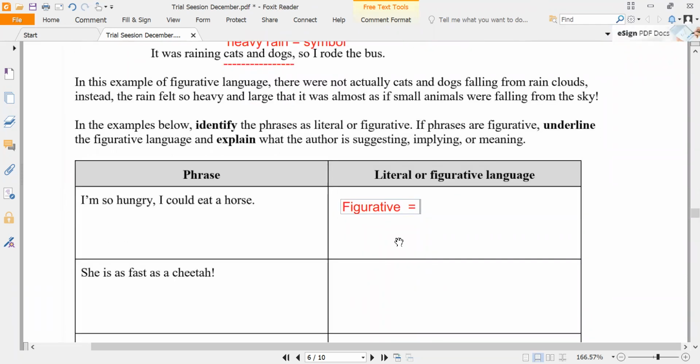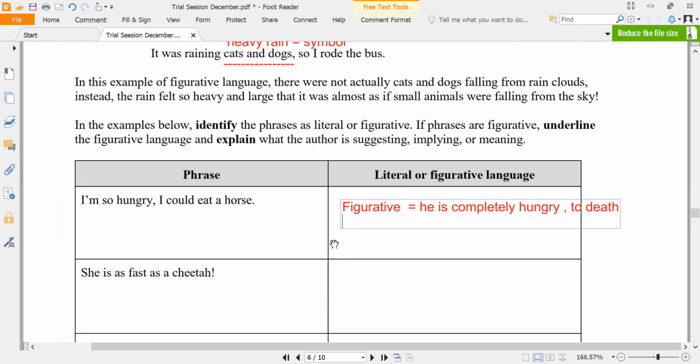Is he really able to eat a horse? No. So we need to explain this expression. So we can say it shows that he is completely hungry. Maybe we can say he is hungry to death.